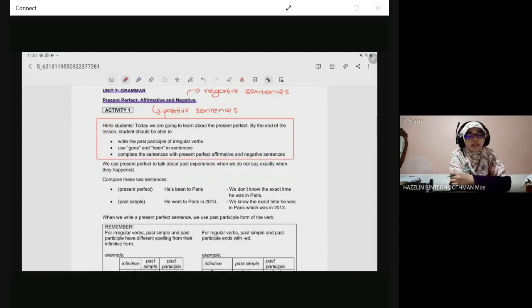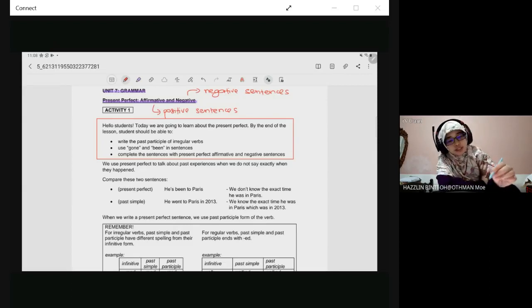Okay, so that is the introduction. When you cannot join a Google Meet class, you need to read the introduction. Inside the introduction, there is the objective for the lesson.